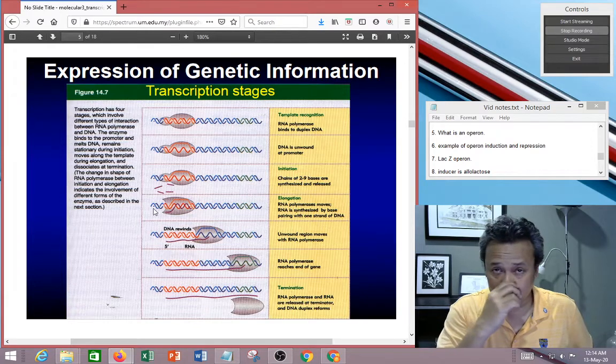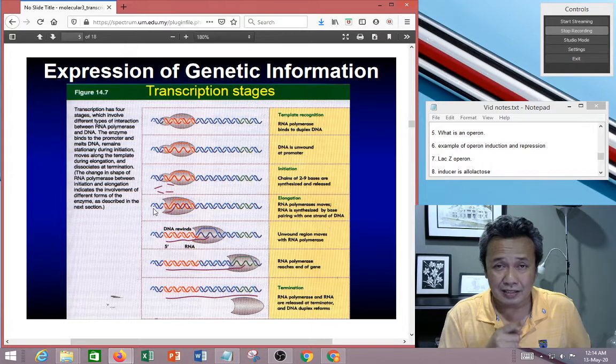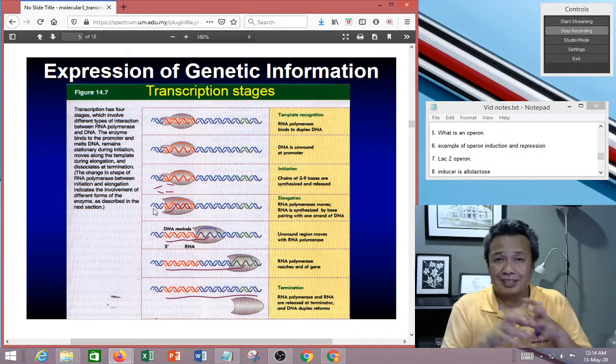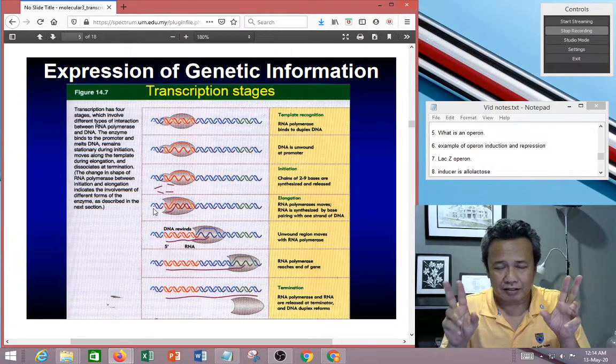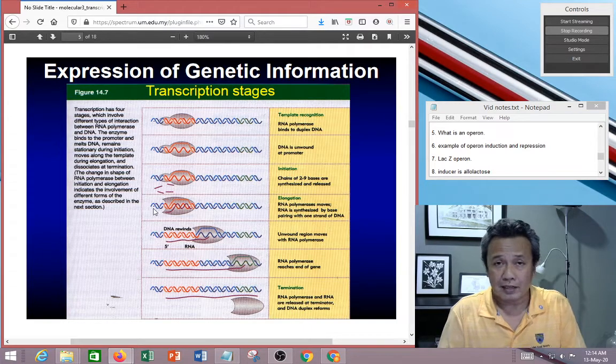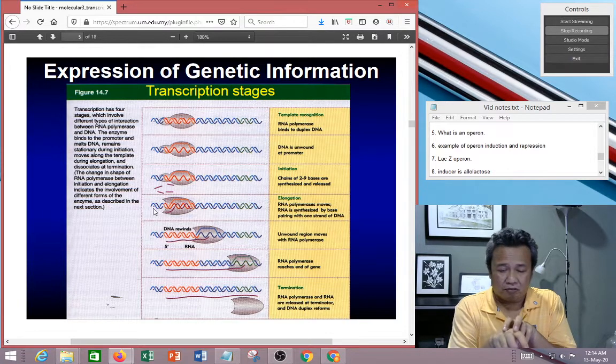Why? Because remember, to start off transcription, polymerase has to recognize where the promoter is, and this recognition of the promoter sequence is mostly achieved by the sigma factor molecule. Polymerase itself is not able to identify promoter sequence. So this is the job of the sigma factor. Binding of the sigma factor with polymerase increases the efficiency of polymerase perhaps by 1,000,000 times.